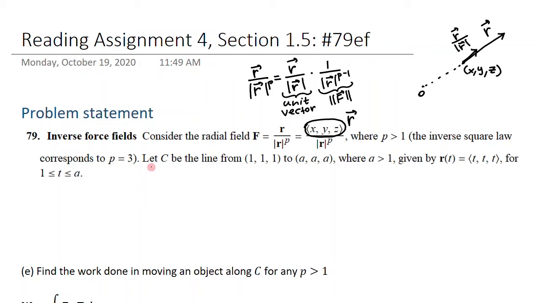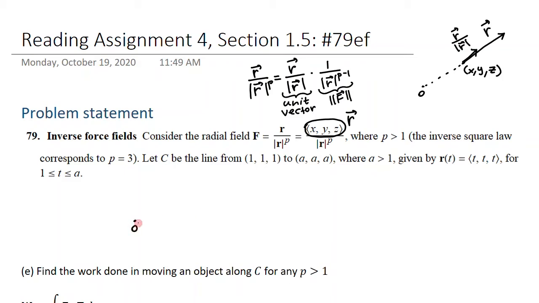Okay, so then we have the line C. You're given the line C, that is a line from point (1,1,1) to (a,a,a), where a is some number greater than 1. Okay, let's sketch that.